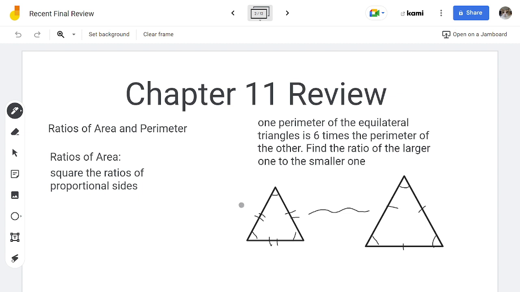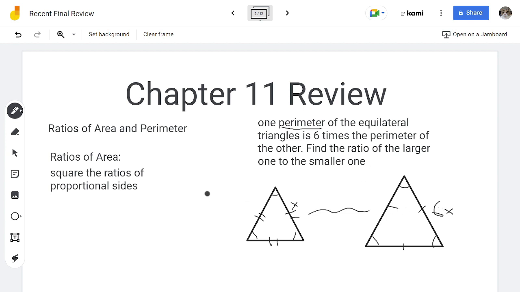Basically, if this side is x right here, then this side is going to be 6x, right? Because one side, that's a typo on me, one side is 6 times the side of the other.